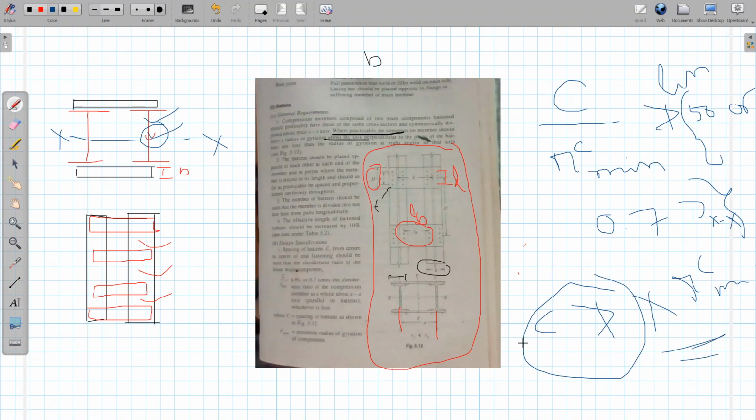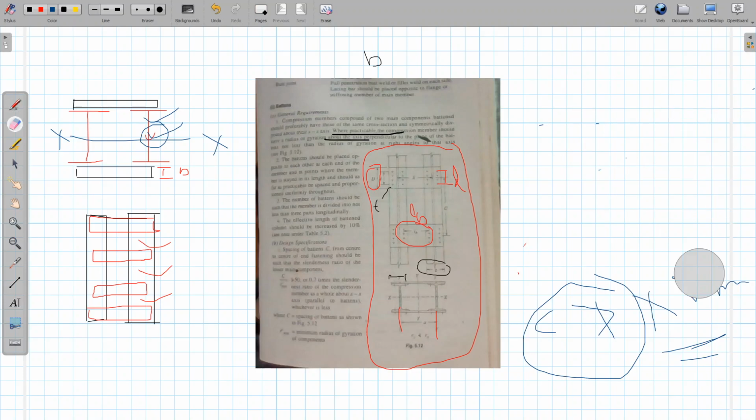Next step is, let us see how we can find out this small d, the dimension it is talking about. There are two criteria: one is for end battens and another is for intermediate battens. The guideline says that either small d or capital D we have to find out; if I know the small d, then I can find out the capital D easily.